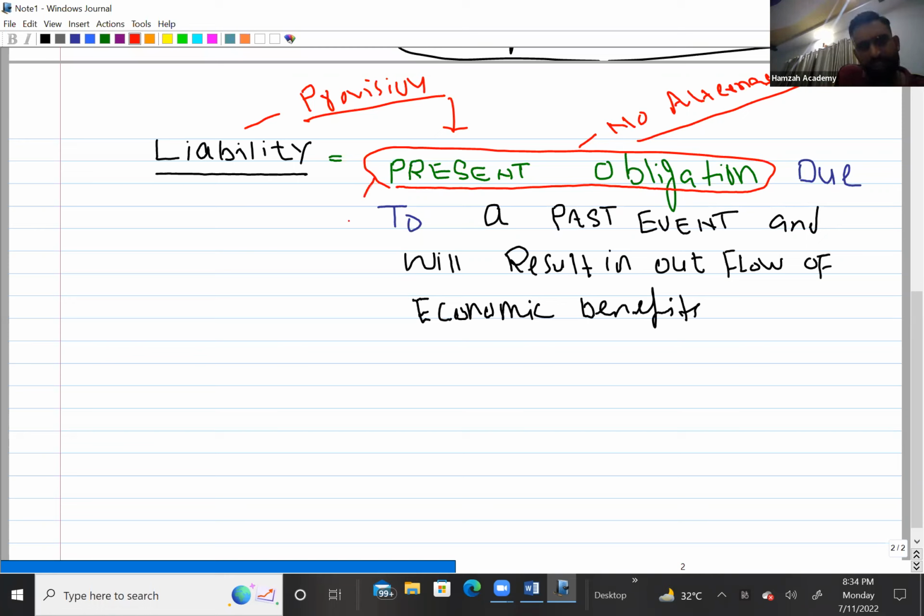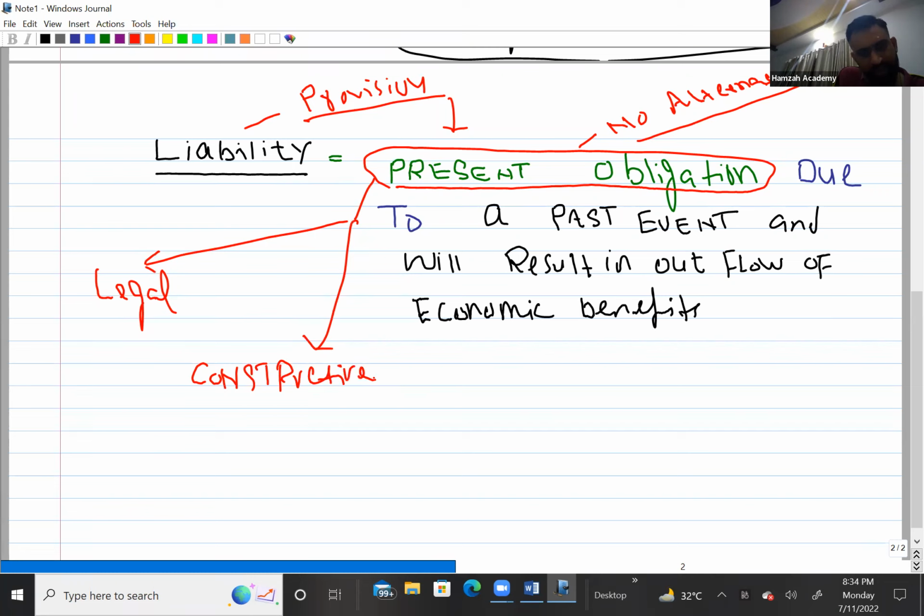And this present obligation may be a legal obligation, or it might be a constructive obligation. Legal obligation means the obligation which is created by the action of law, maybe on the order of the court, maybe by legislation.